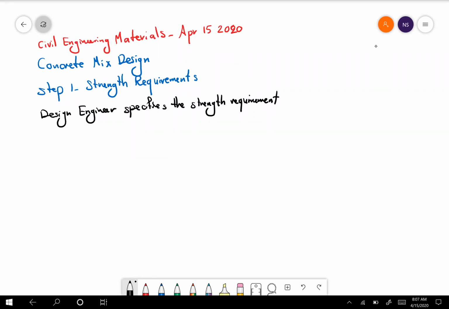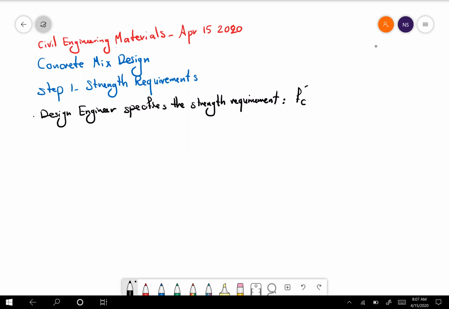And if you are taking concrete design or structural analysis, we call this F prime C. That's the compressive strength of the concrete, which is the design criteria.